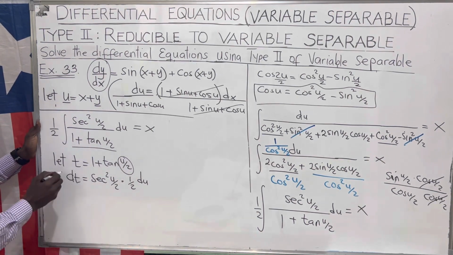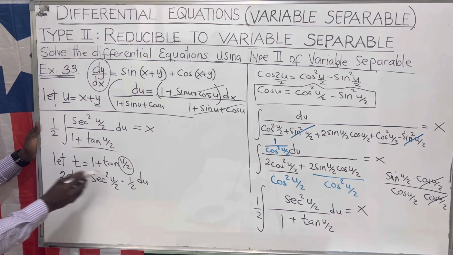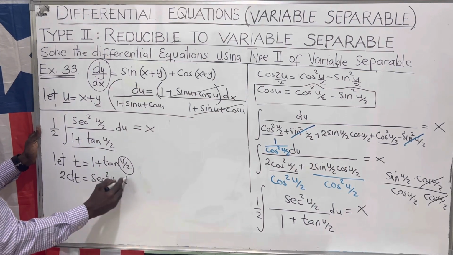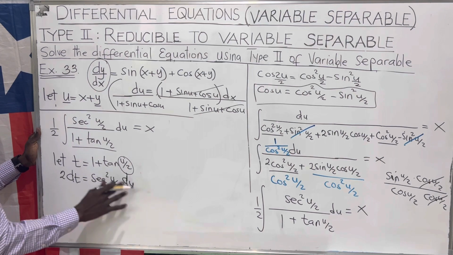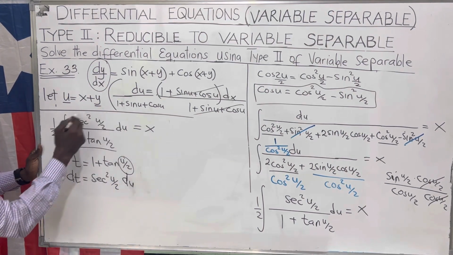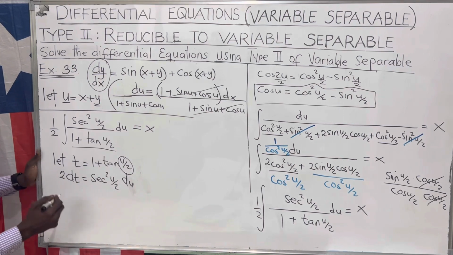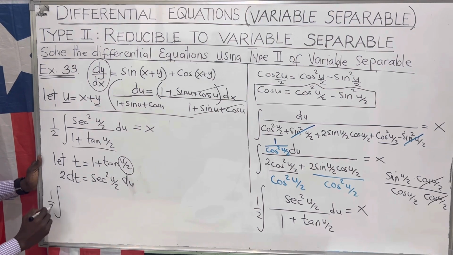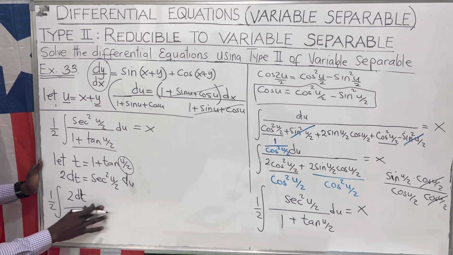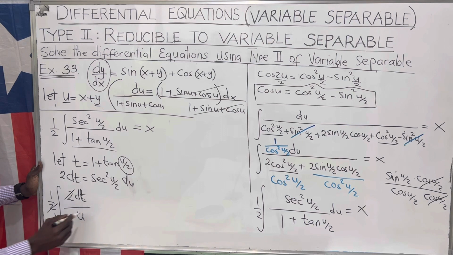So this 2 just comes right here, and you just have the du. Now, wherever we see this numerator, we're going to put 2 dt. So we have 1 over 2, 2 dt, all over t. So 2 and 2 cancel.